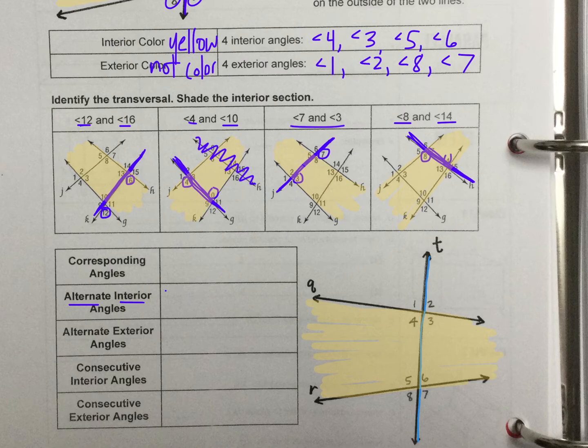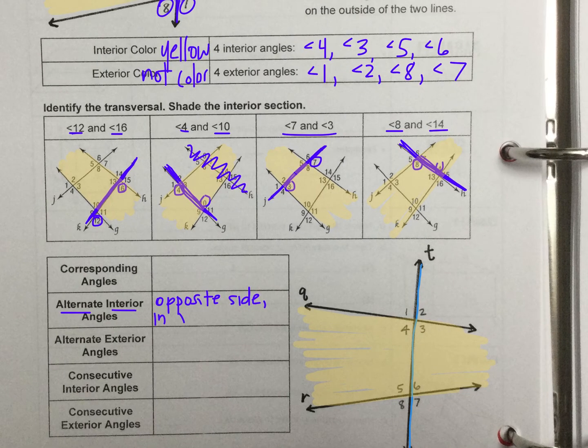Alternate means opposite sides of the transversal, and interior means inside. So what do I mean by that?